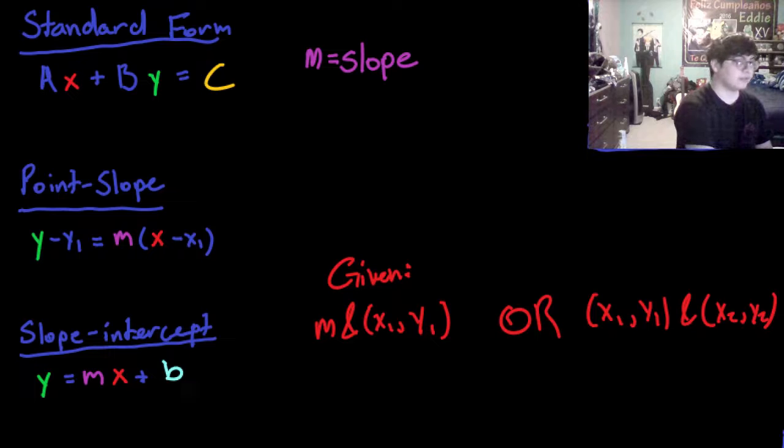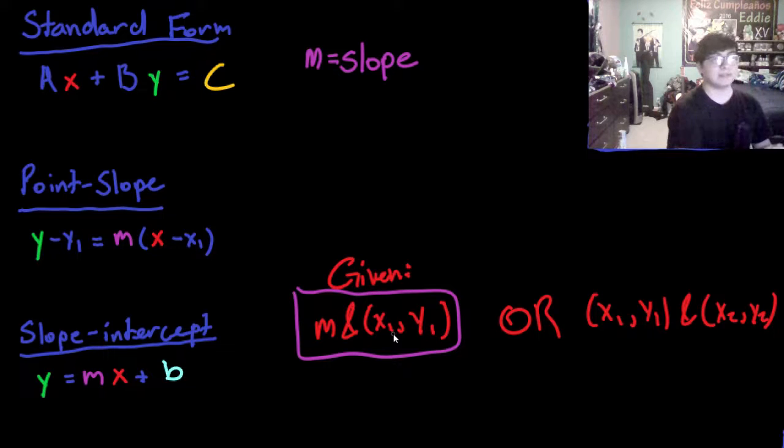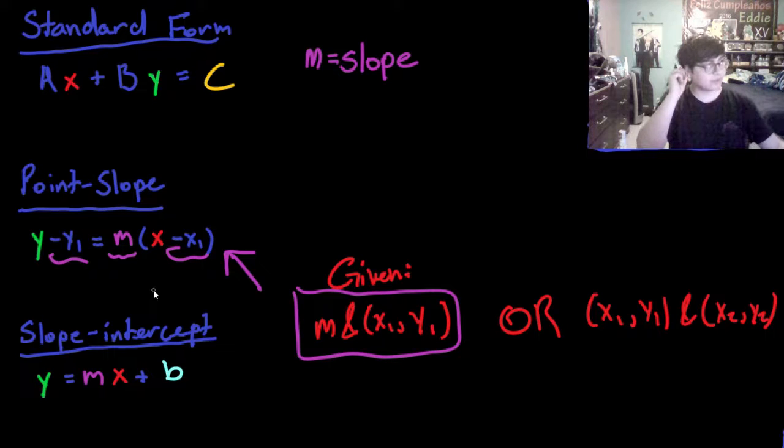And I mean that by just having a slope and a point, we could instantly apply this to the point slope form, as all we need is a slope and a point, and then we have it done. And we could easily translate the point slope to slope intercept and then slope intercept to standard form. Simple as that.